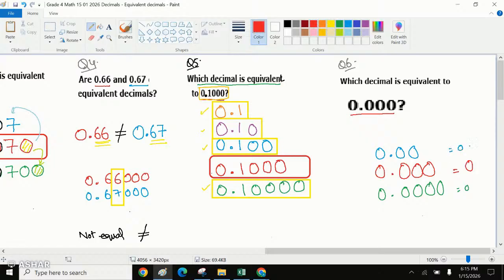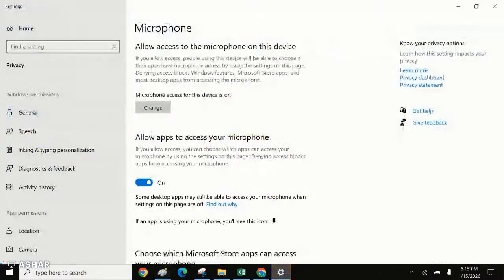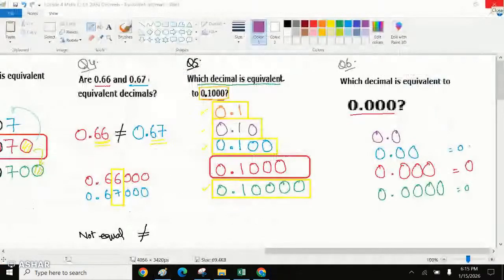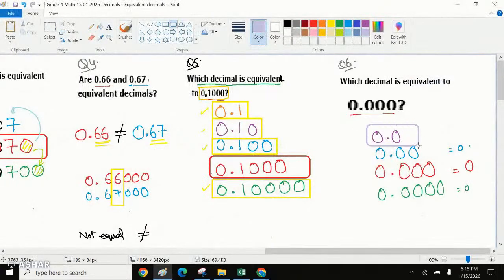Or you can write it as 0.0. What we do is we prefer not doing too much work, right? We prefer keeping it simple. Preferable answer would be this. Otherwise, all the options are correct, right?